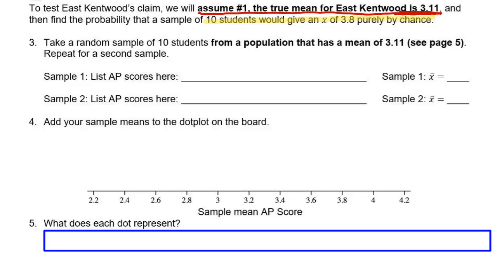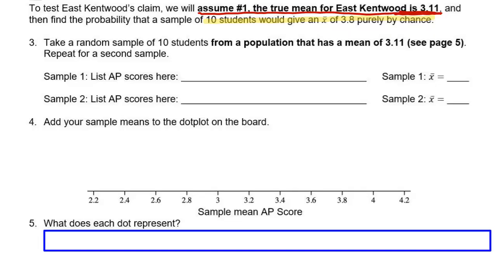How many students total do we have data for? I just didn't hear. 253. We have data for 253 students. So we want our random number generator to choose 10 numbers in between what and what? In between 1 and 253.